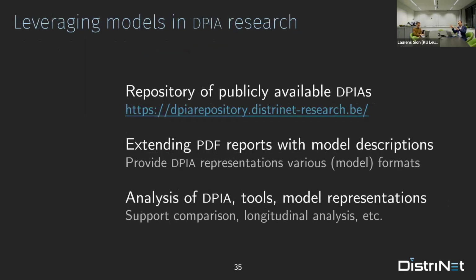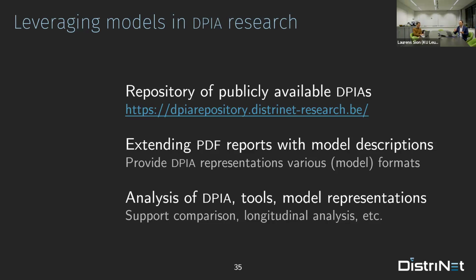Then a final element that was also mentioned before is a repository of publicly available DPIAs. This is part of a longer-term roadmap where, on the one hand, we have these efforts in developing a framework and capturing and describing these data processing operations.